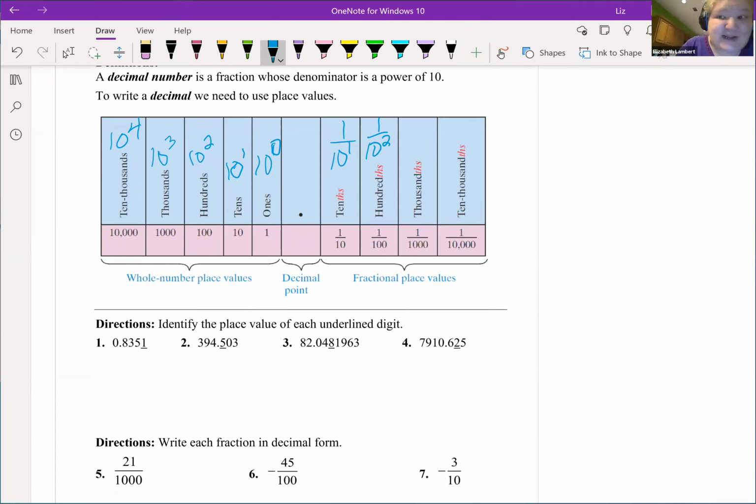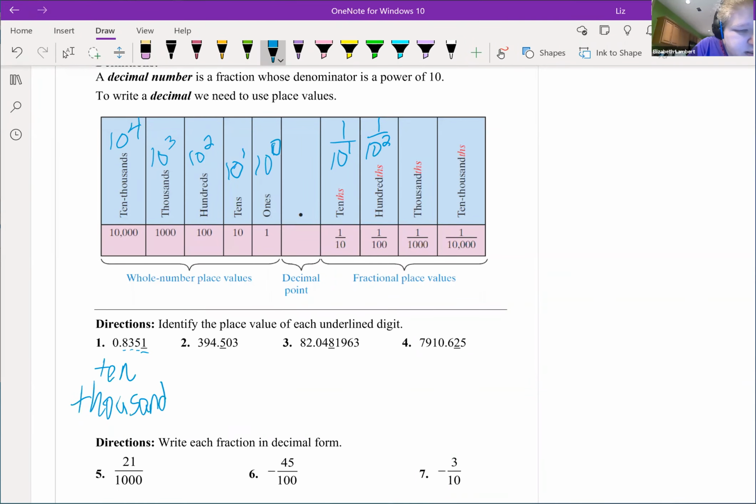So here we have tenths, hundredths, thousandths, ten-thousandths. That is the ten-thousandths place. And then here we have 394, and that is 5 tenths. The one they underlined is tenths. All right, so this is ten-thousandths.